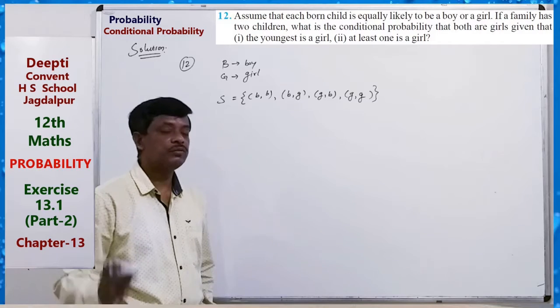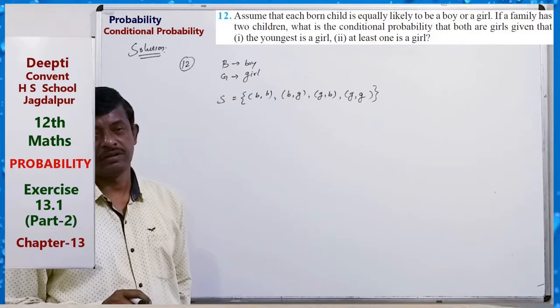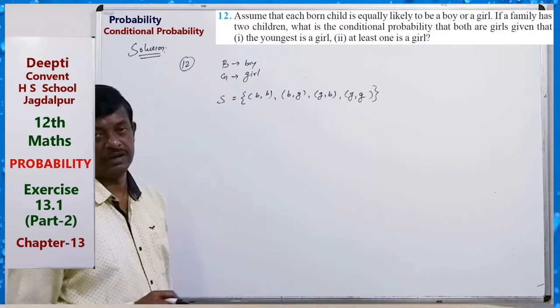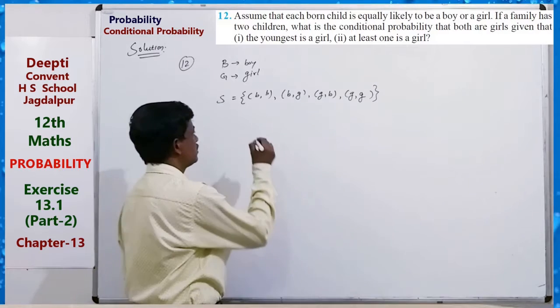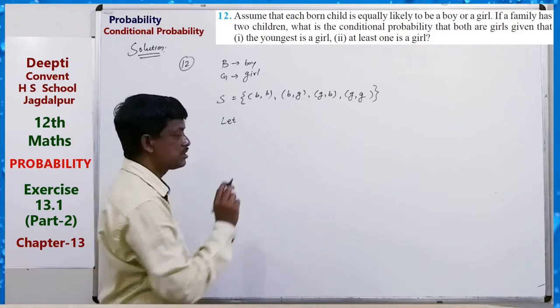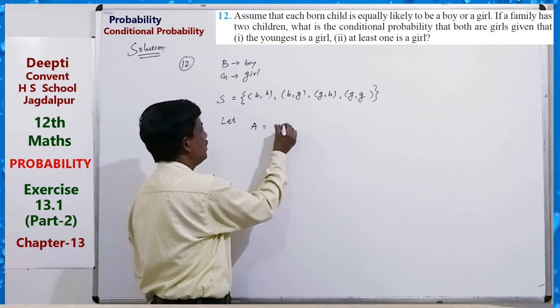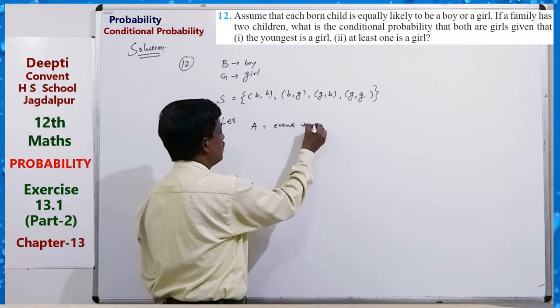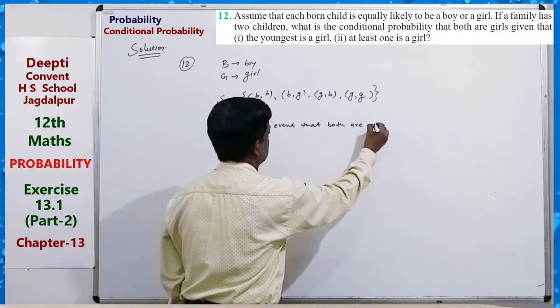So here we have to find the conditional probability of both being girls. Let A be the event that both children are girls.